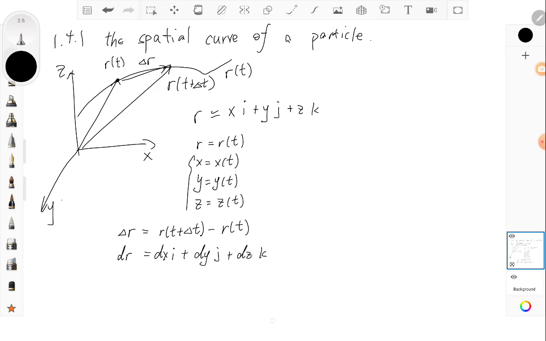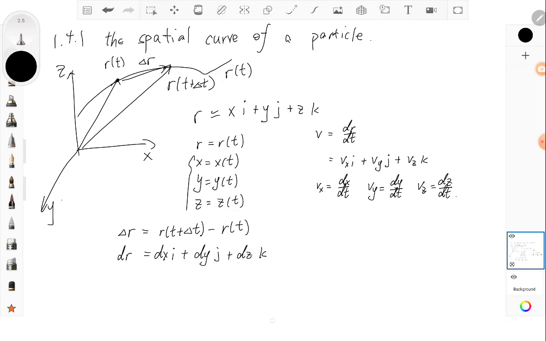In the same way, our velocity v equals dr/dt can be decomposed as vx i plus vy j plus vz k, where vx equals dx/dt, vy equals dy/dt, and vz equals dz/dt.